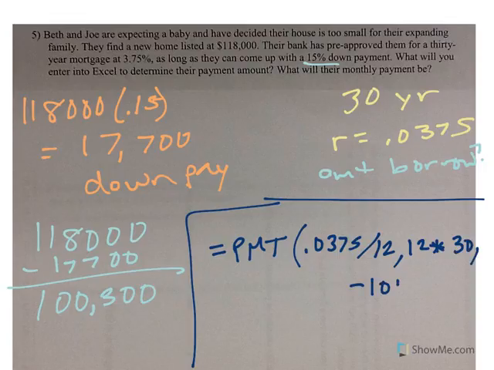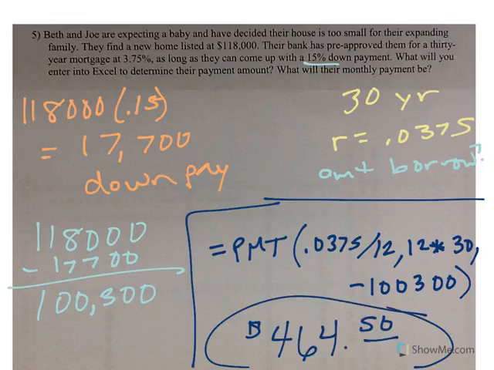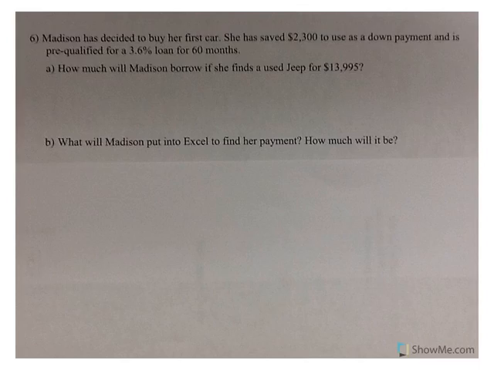Well, they're borrowing $100,300. Now notice there's a negative sign in front of that because they're borrowing that money. And notice I did not use a comma. If you type that into Excel exactly like you see it, it's going to spit out $464.50. So based off of this information, Beth and Joe will have to pay $464.50 a month for this house.